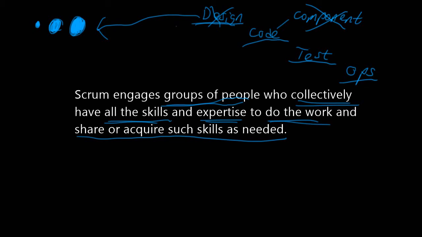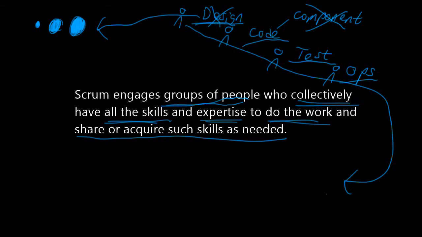But let's say we took a person from each team, right? We took these people, we threw them down here. Let's draw a few more people. Here we go. And this is our Scrum team, okay?